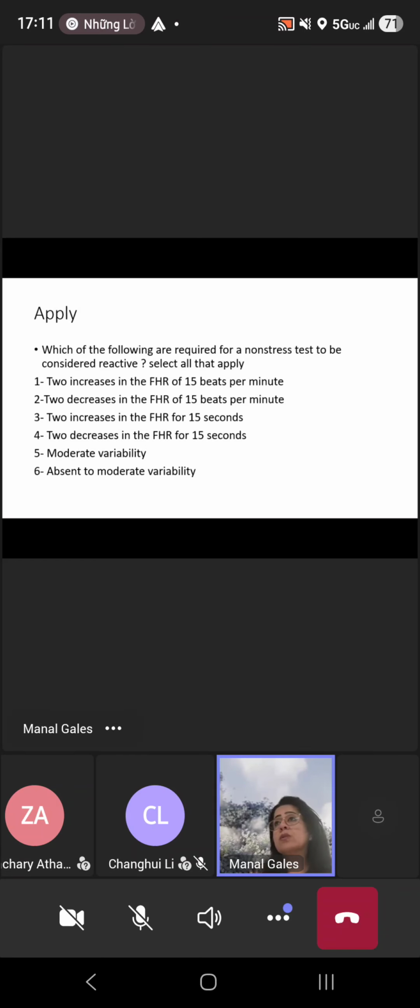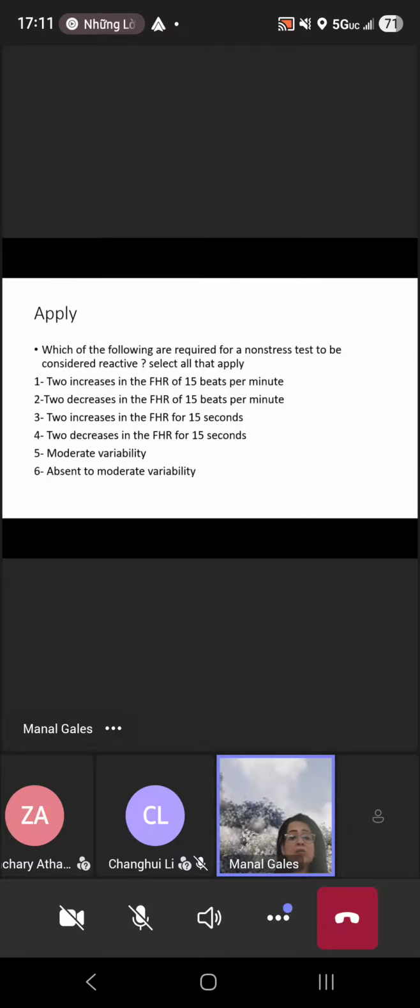So let's do true or false. First one. Which of the following is required for a non-stress test to be considered reactive? Reactive means good or bad? Good. Okay. Number one, an increase in the fetal heart rate of 15 beats per minute. Yes. That's good. To decrease.